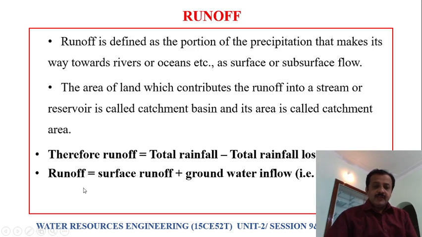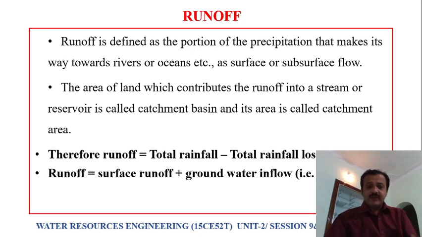And runoff is also equal to surface runoff plus groundwater flow. Base flow, we call it as base flow. Runoff need not be only surface, it may also be groundwater. There is a chance of water infiltrating inside and flowing below the ground also.